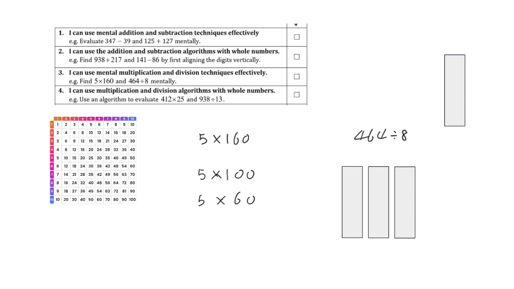Okay, so then what's the total? The total will be 500 because 5 times 100 is 500, okay? And then 5 times 60. Now, if you find this a bit hard, don't look at 60, just look at 6. So how many tens? This is 6 tens, right?